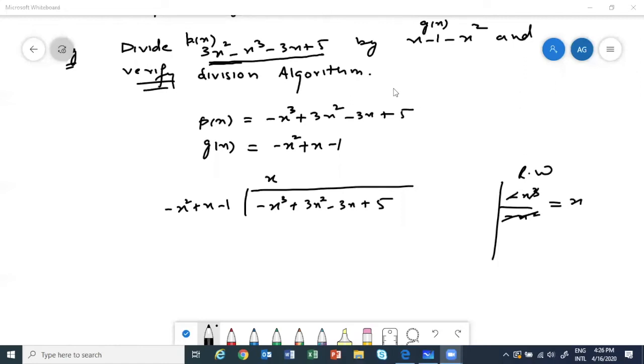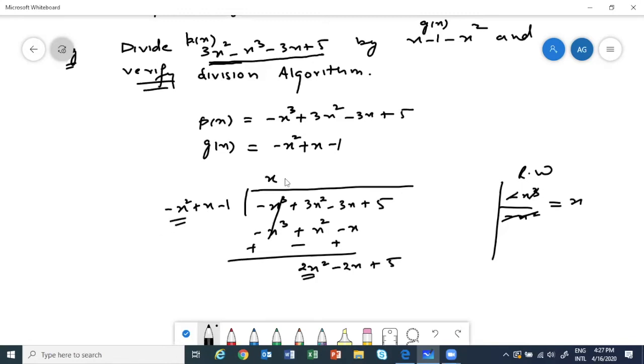So what do we get? Let's complete this. We'll get minus x cube plus x square minus x. Change the signs. All those who are giving me answers very quickly, after this we are going to do the exercise. That time also you have to give me quickly. Next, we have 2x square and minus x square.